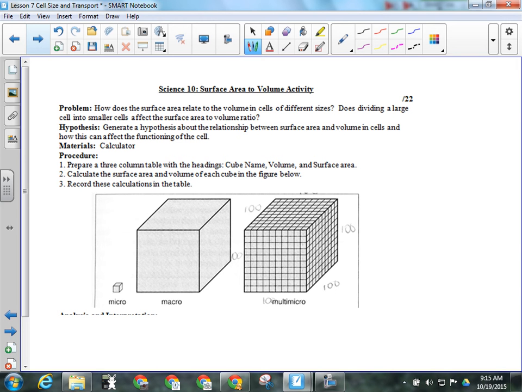The and part can mention cells of different sizes, something about what we're going to do here. We're using imaginary cells, these three. And the then part should talk about what will happen as a cell gets larger.